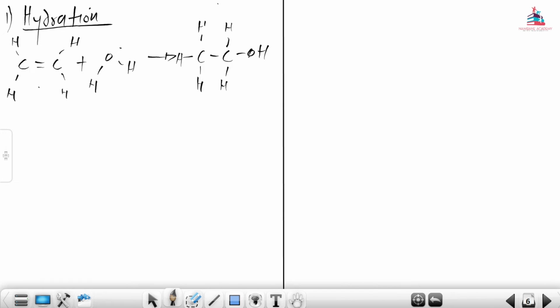But what do we need as our reaction conditions? We need to have H2SO4, that is sulfuric acid, now as a catalyst. So this is very, very important.